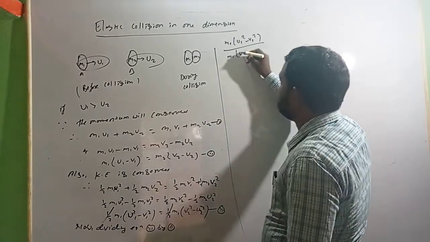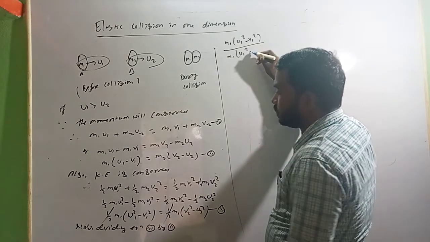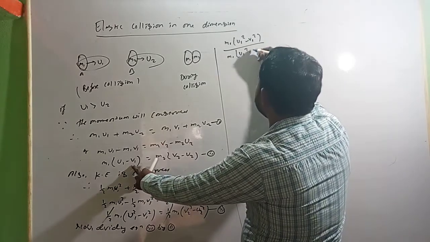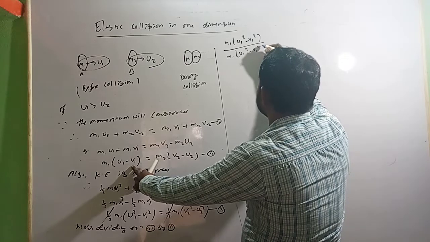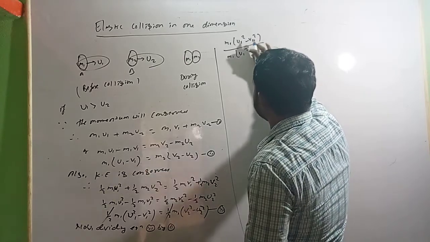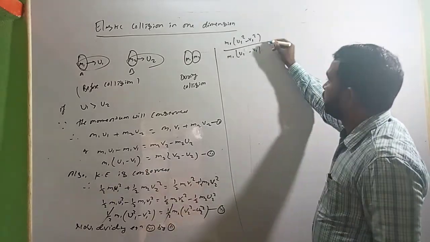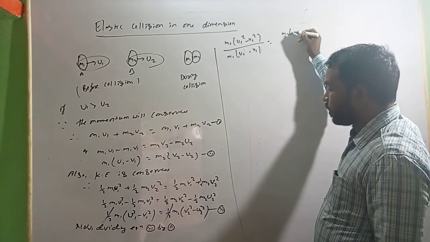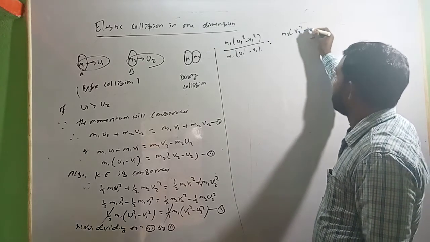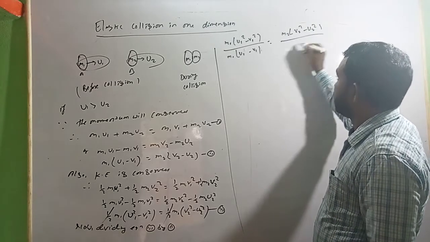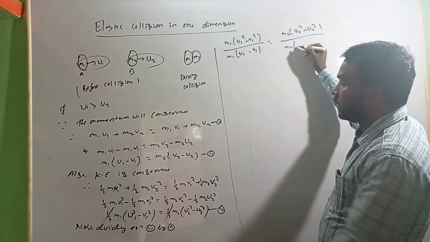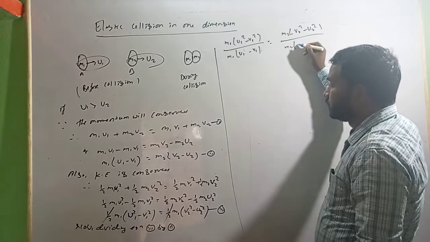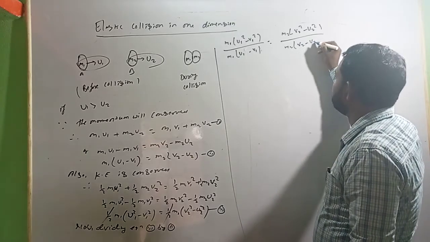On the right side m2 times v2 square minus u2 square divided by m2 times v2 minus u2.